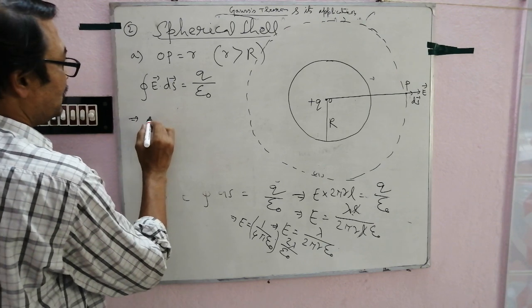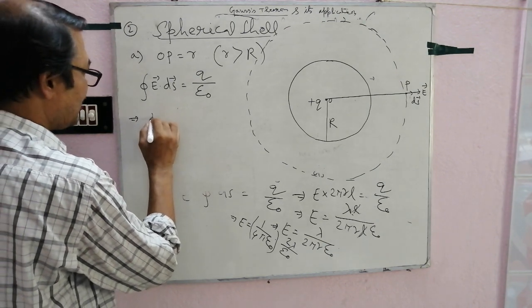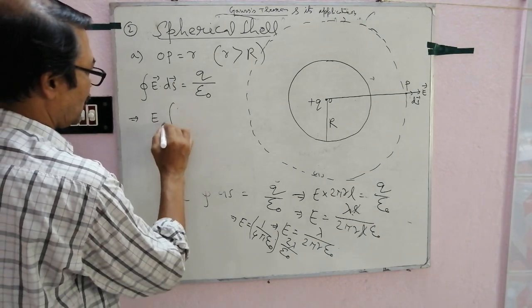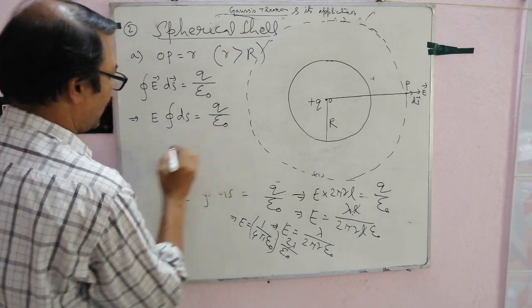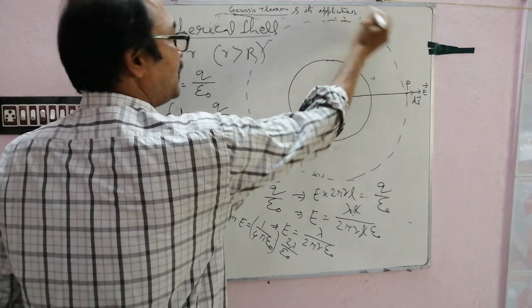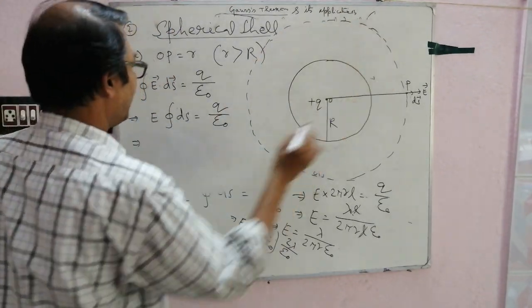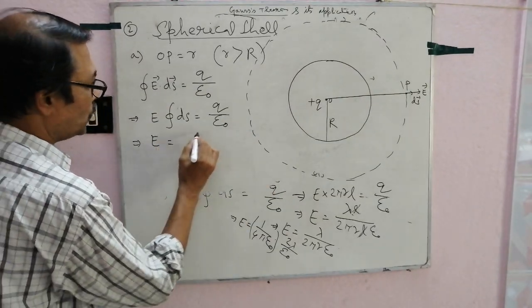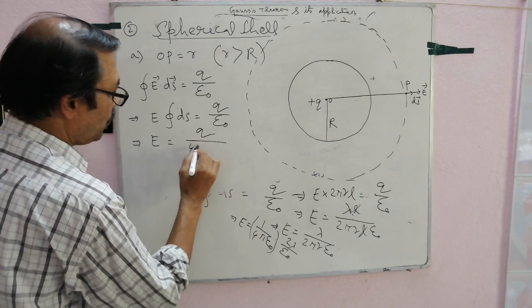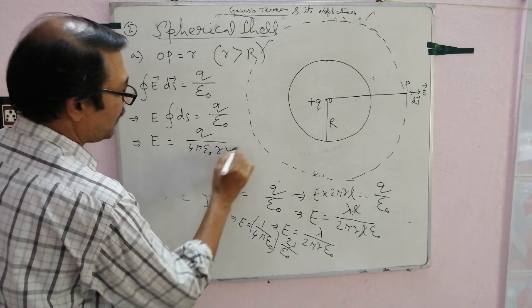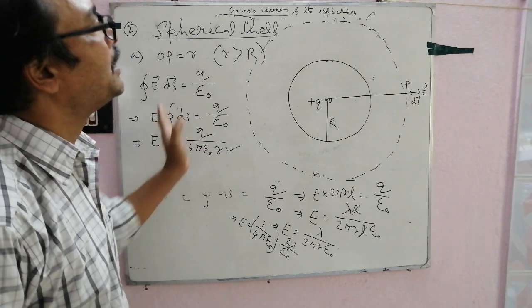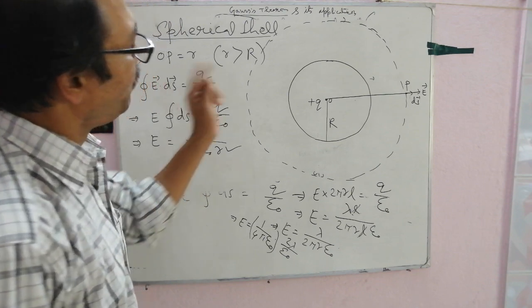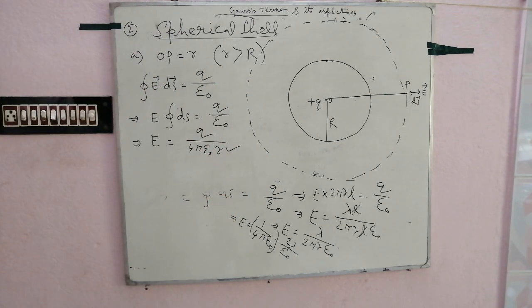Stepping ahead, we may write E times the integral of ds equals Q by epsilon naught. The value of the integral of ds is the total area, 4 pi r square. So E equals Q by 4 pi epsilon naught r square. So with the help of Gauss's theorem, we find out the electric field due to a spherical cell at a point r, which is greater than the radius of the cell.